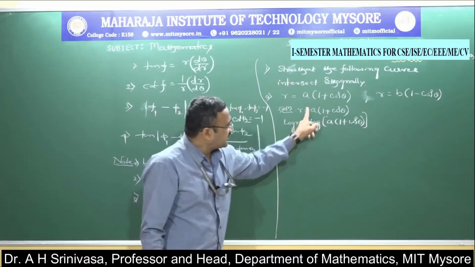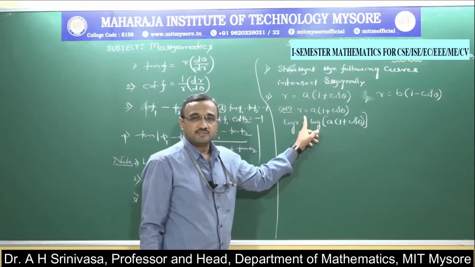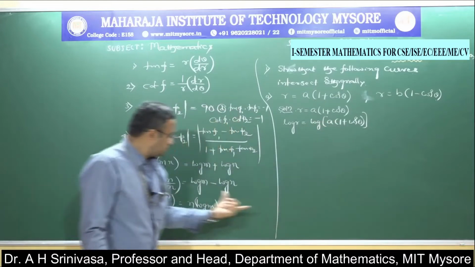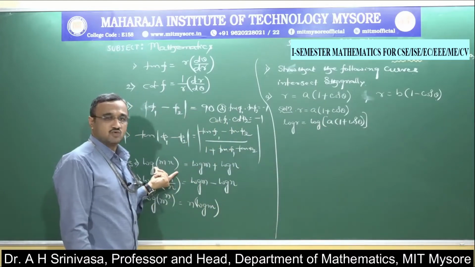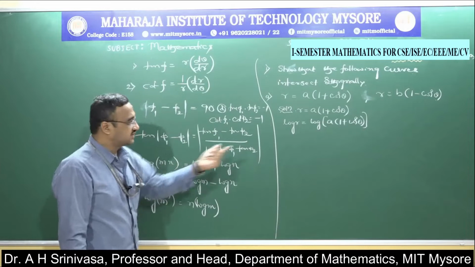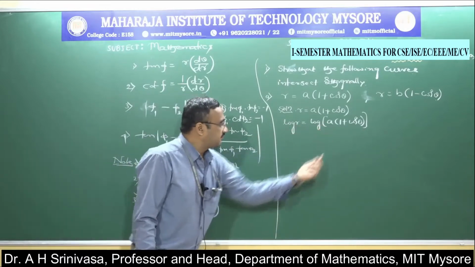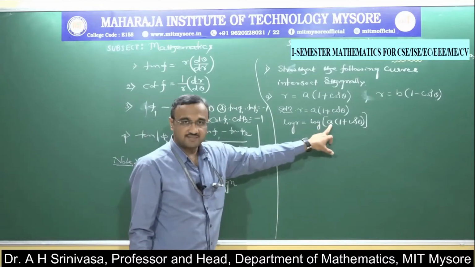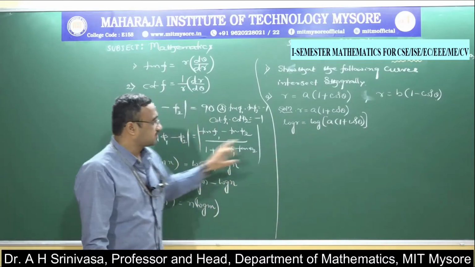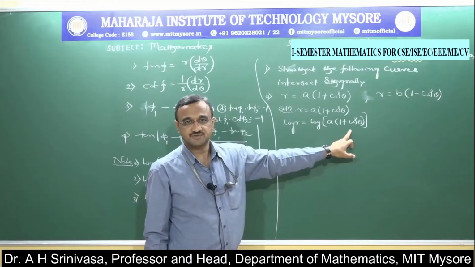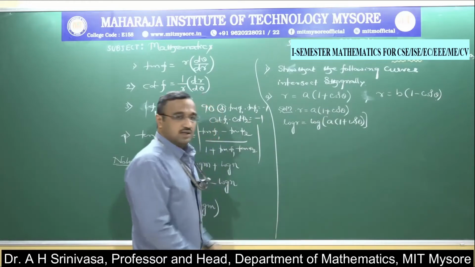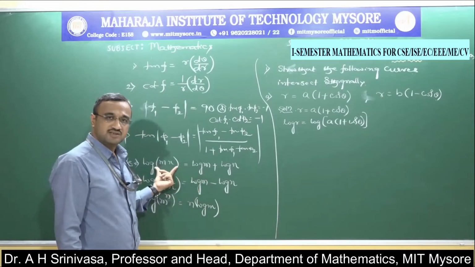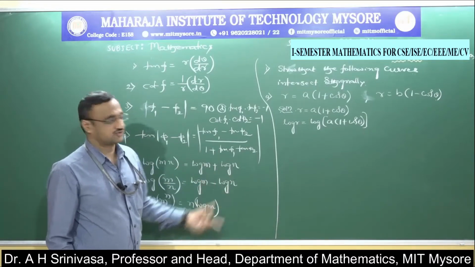After taking the log, what happens? This relates to the theorem for the product of two functions: log of m into n, where in place of m you have a and in place of n you have 1 plus cos theta. Now use the properties of logarithms. If a product is there, you make it a sum of two terms.